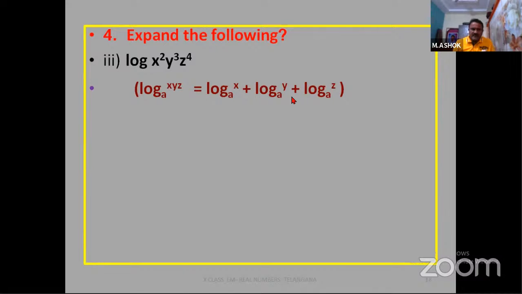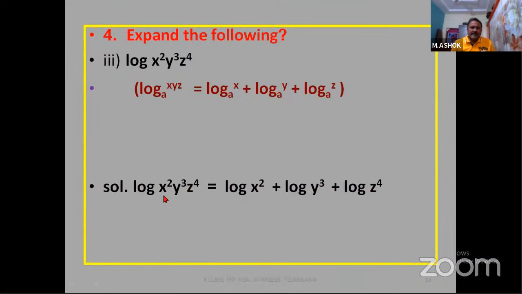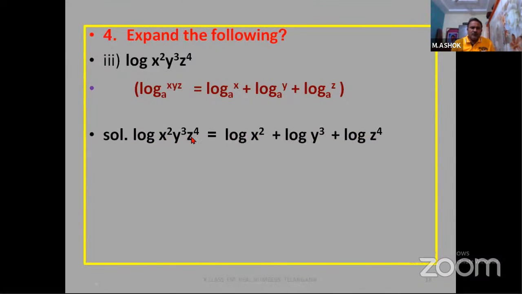Okay. So basing on this, log x square y cube z to the power of 4 is equal to log x square plus log y cube plus log z to the power of 4.